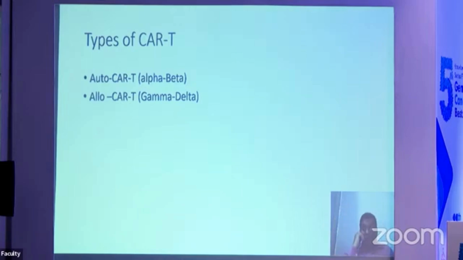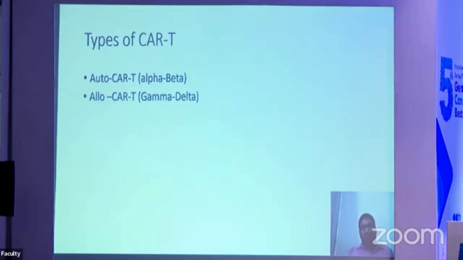Now, allo CARs can be made largely from alpha beta T cells, but can be made from gamma delta T cells also. The property of gamma delta allo CAR T cells is these are off-the-shelf CARs. So these are readily available. These are made from normal humans. So the accessibility can increase, the manufacturing can increase, and the patient does not have to wait for 20 to 30 days.